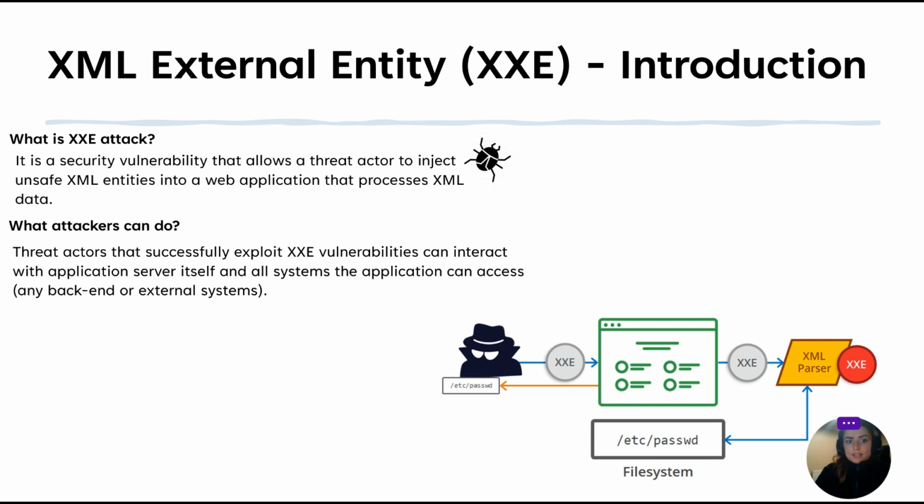Threat actors that successfully exploit the XXE vulnerabilities can interact with the application server itself and all systems the application can access, so any backend or external systems. So if this server, let's say this server is vulnerable, the attacker managed to exploit the vulnerabilities. If this server is somehow related or has a trusted relationship with another server, the attacker will be able to also retrieve information from the other server. So this server will request information from the other server on behalf of the attacker.